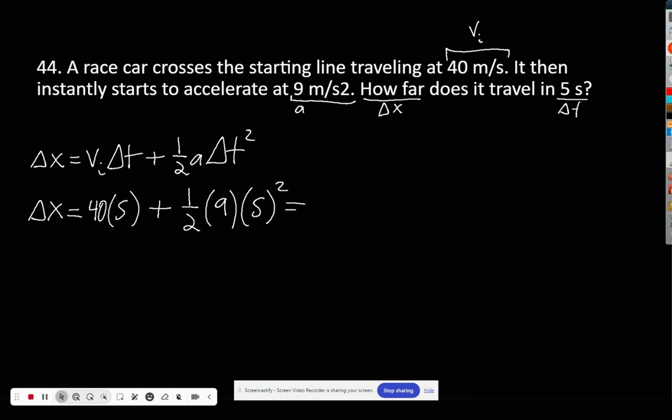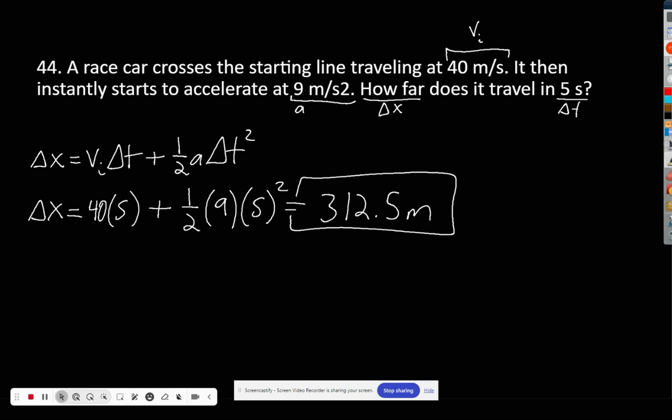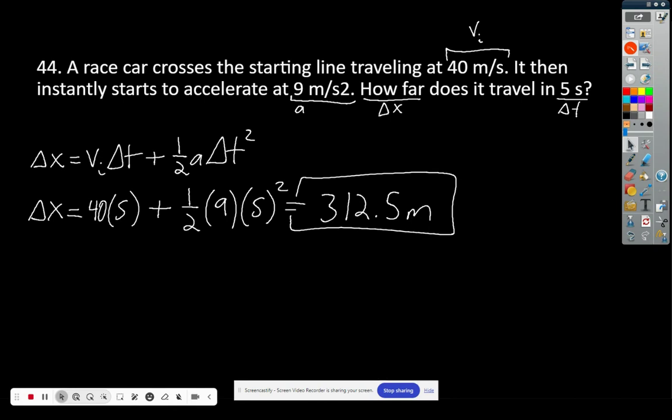No algebra needed, just carefully plugging that into a calculator. 312.5. This is a displacement. Distances and displacements are measured in meters. That one was decently straightforward as long as you can recognize when you need to use that big ugly equation.